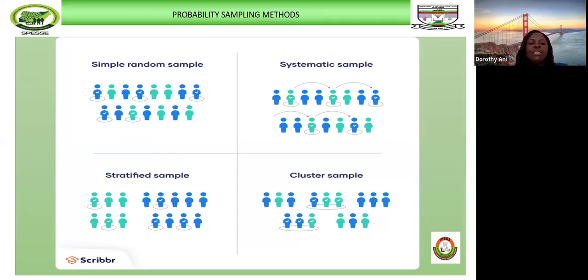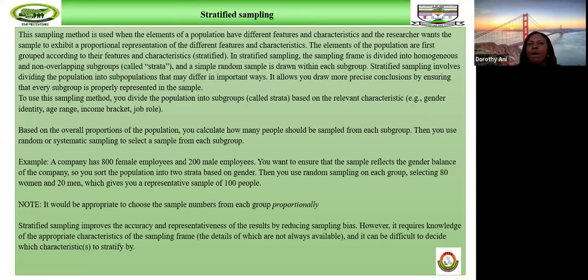So when I did that sampling, when I generated the number, we can see that it's a male, 1, 2, 3, 4. Four males were chosen. It's only one female that was chosen, and that will not allow me to do extensive work on my gender study.